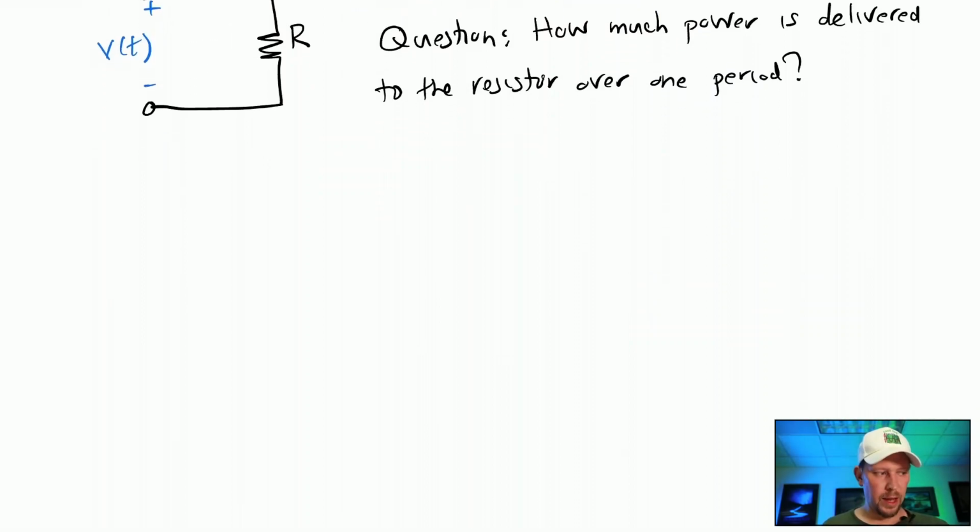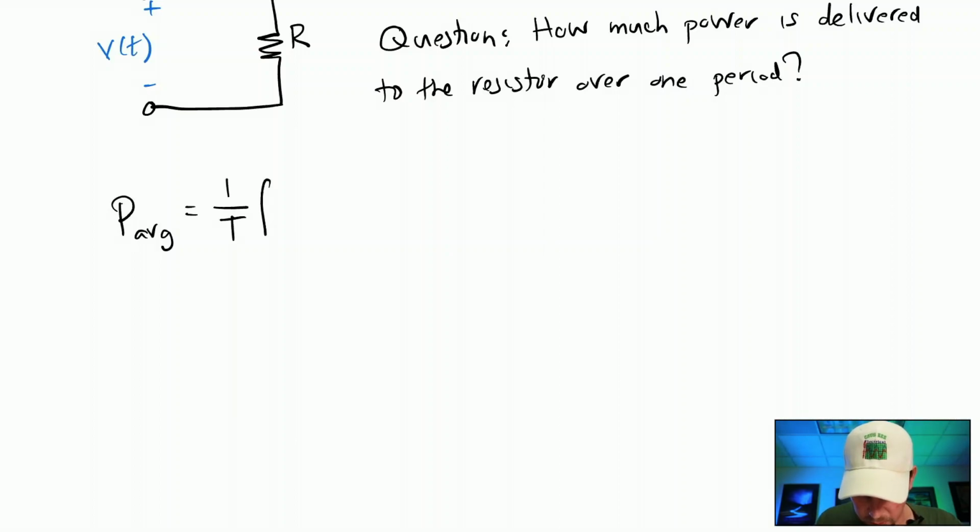Right. And it's a relatively simple thing to calculate. So here the average power over one period, if you'll recall, is 1 over the period, the integral from 0 to T, of the power as a function of time, integrated, right?